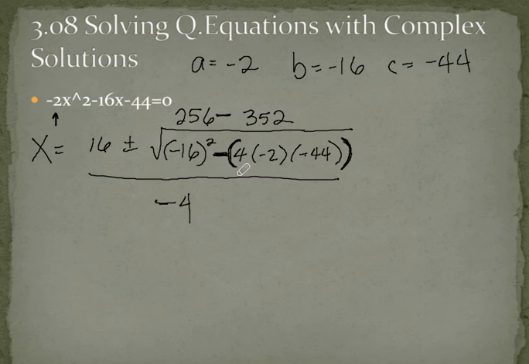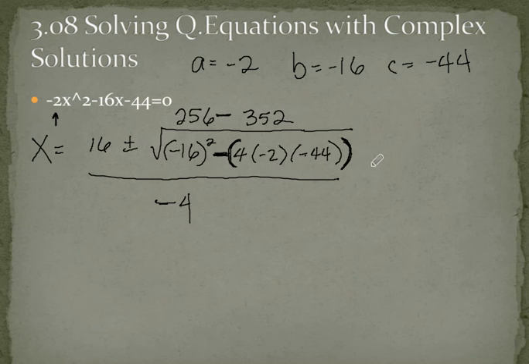Calculate what is 4 times -2 times -44. In this case, it turned out to be a positive 352. However, the negative in front of it is going to guarantee that we're going to have a negative number. So 256 minus 352 is -96.